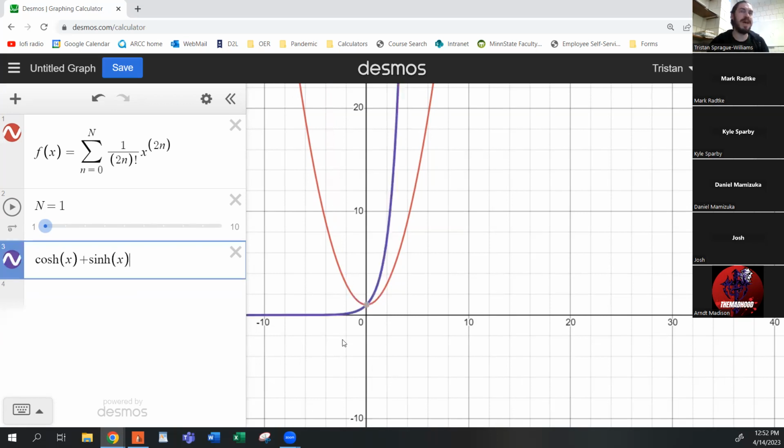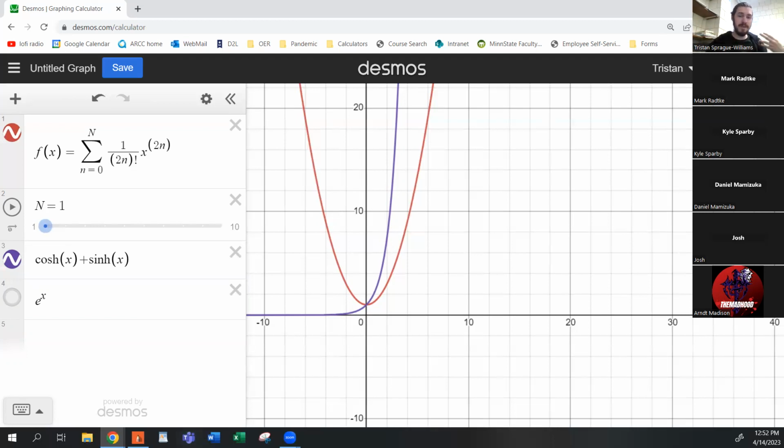You get the even terms of the e to the x Taylor series plus the odd terms of the e to the x Taylor series. You get all the terms of the e to the x Taylor series. It's just the same as e to the x. You can prove this much easier just using the definitions, but there is an example of a Taylor series proof that cosh plus sinh equals e to the x.